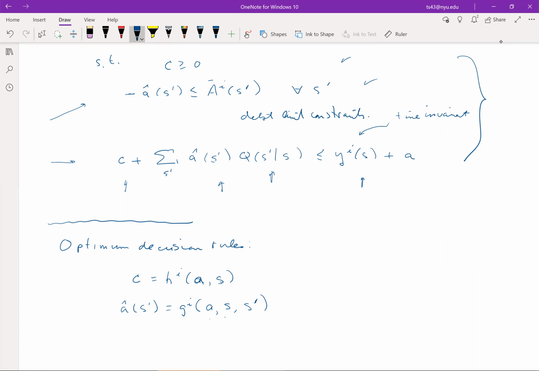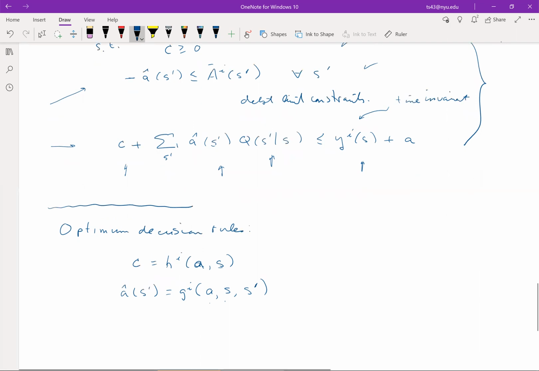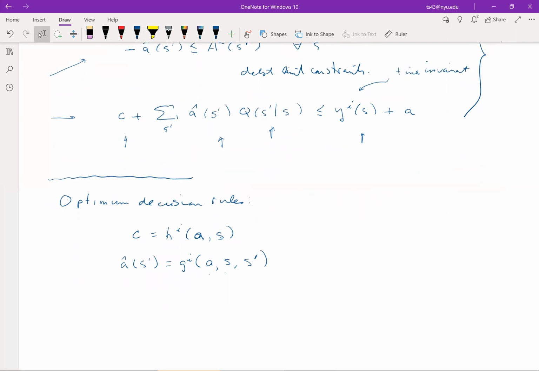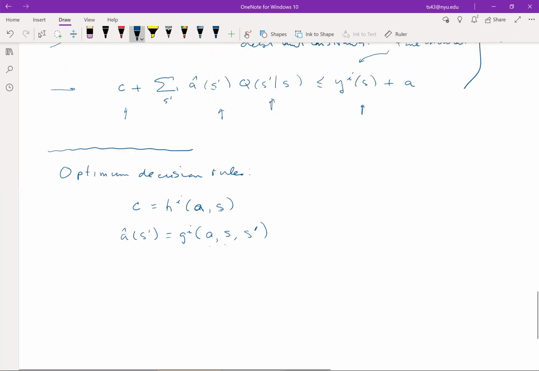I'm going to write it like that, just to indicate that because I want it to be a function, there's going to be one of these for each S prime.